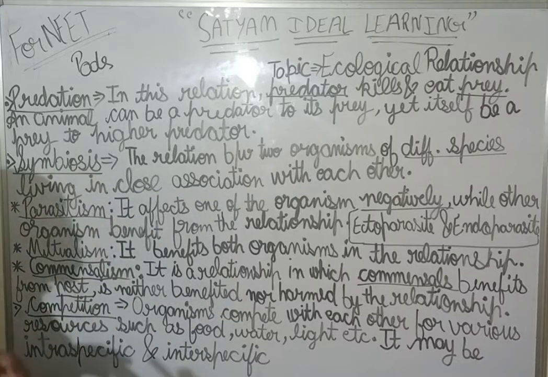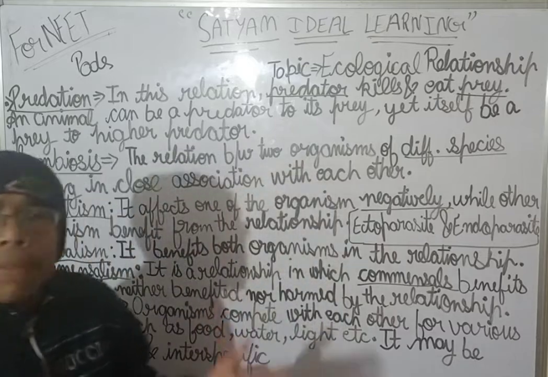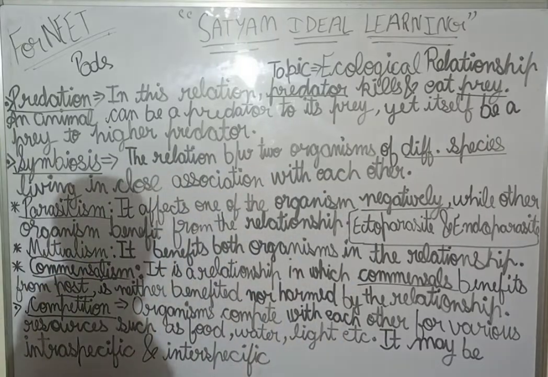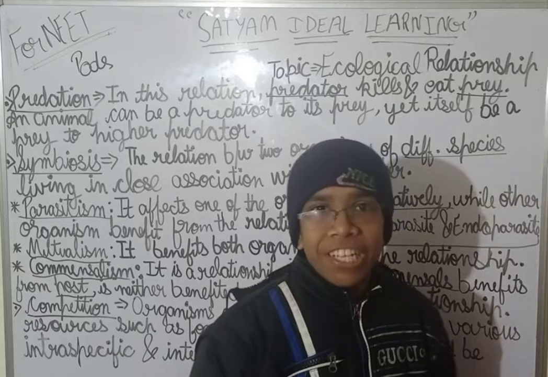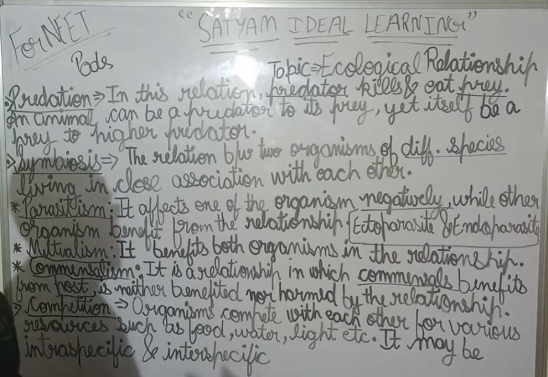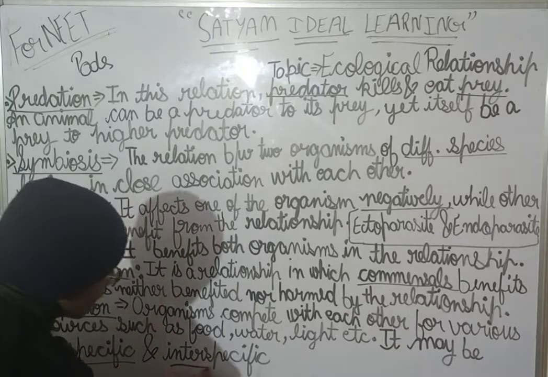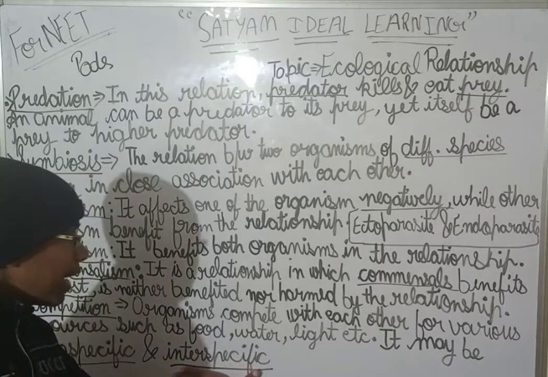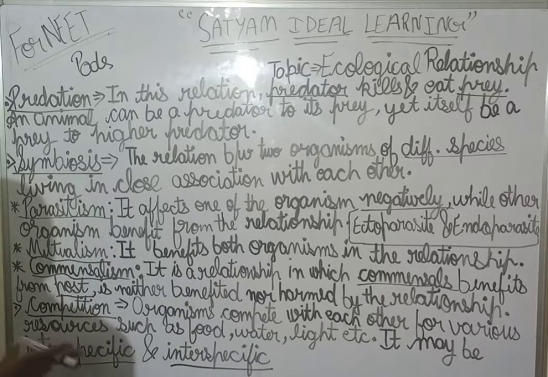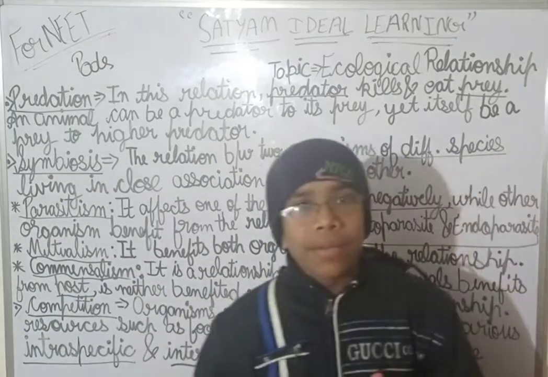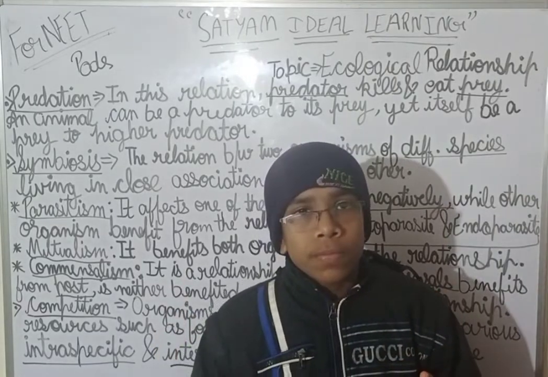And in plants, there is competition between the organisms of the same species, or of different species also. In plants there is competition for the sunlight and the minerals. It may be intraspecific and interspecific. What is the meaning of intraspecific and interspecific? First, intraspecific: listen carefully.